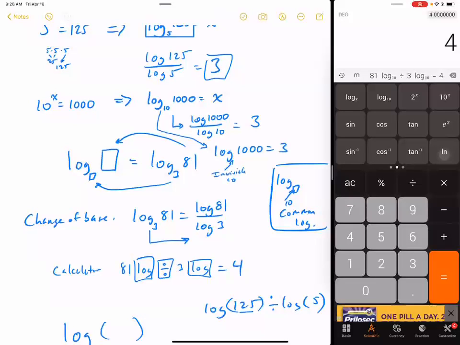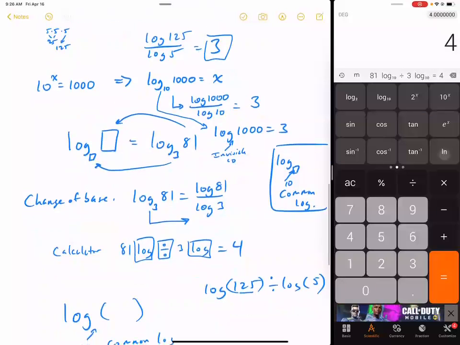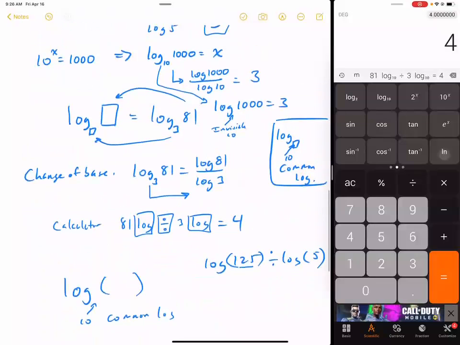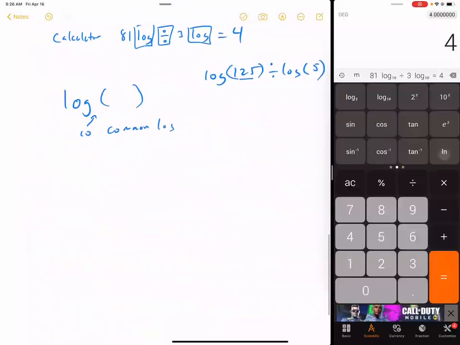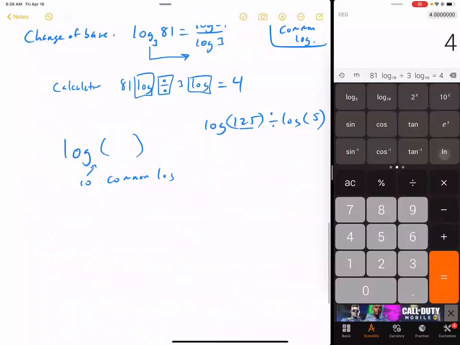It tells you how strong a number is in comparison to other numbers. All right, so let's try something else real quick. Since we're on this little topic, I want you guys to try log 1000, right? And we said that was 3.